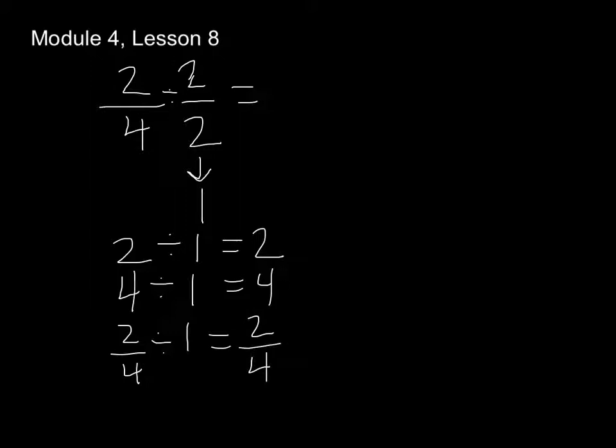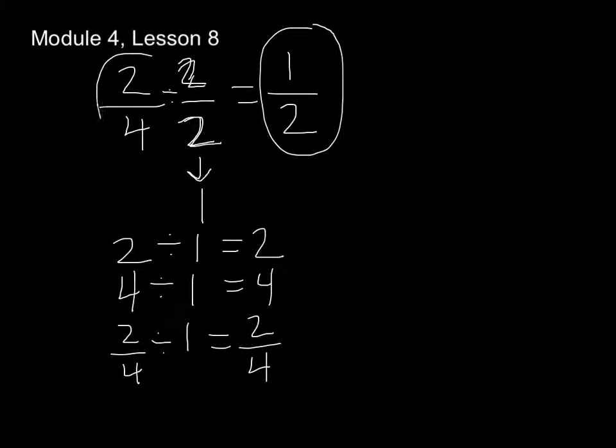But up here instead of 1, I'm using 2/2, which is the same thing as 1, but watch what happens when I divide. 2 divided by 2 equals 1, and 4 divided by 2 equals 2. Now I've got 1/2, which is equivalent to 2/4.